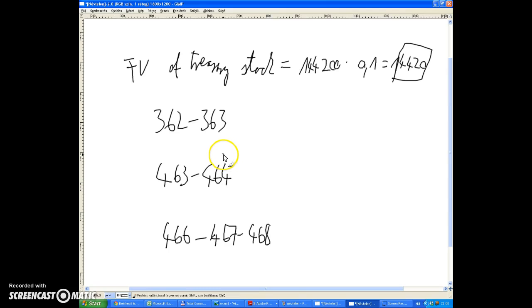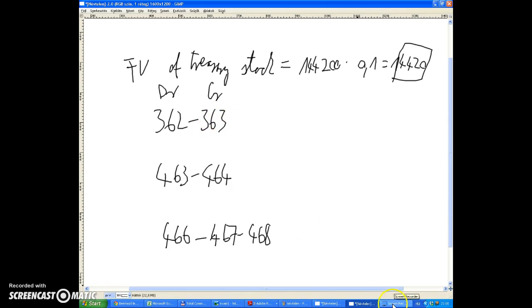Because the 362 has a debit balance and the 363 always has a credit balance. The accounts starting with a 3 usually have a debit balance, but this is an outlier, and we have to subtract the balance of 362 from 363. If it's negative, then we record it as a current liability, and if it's positive, we record it as a receivable.